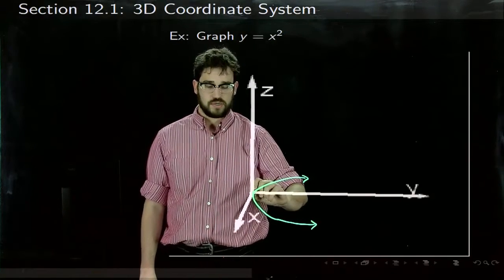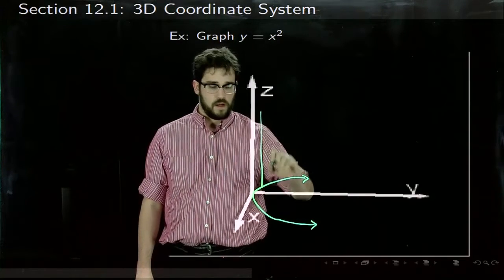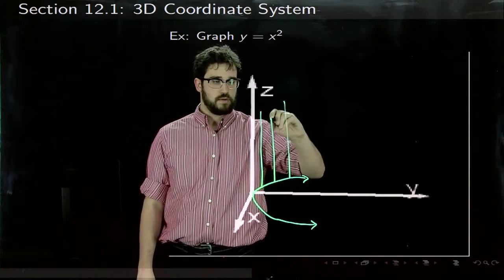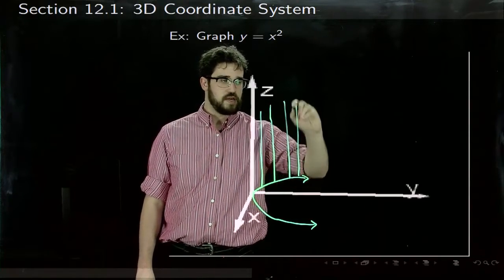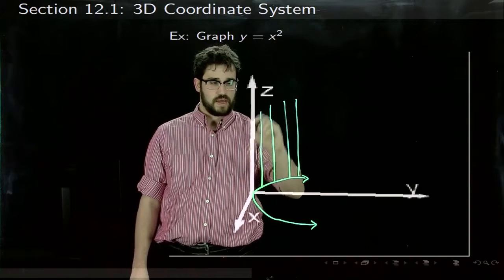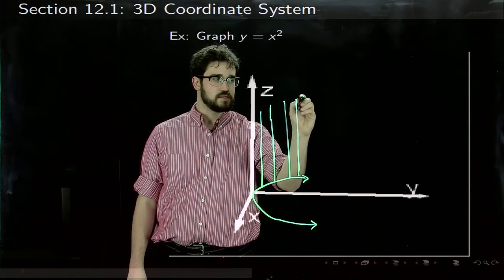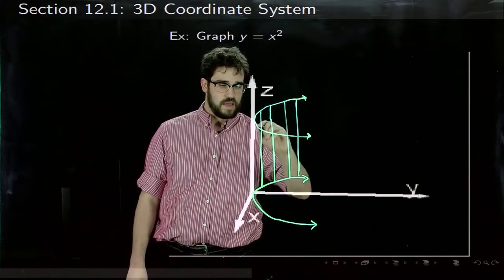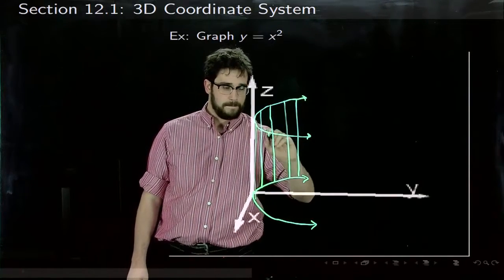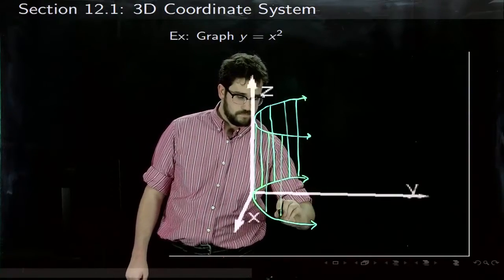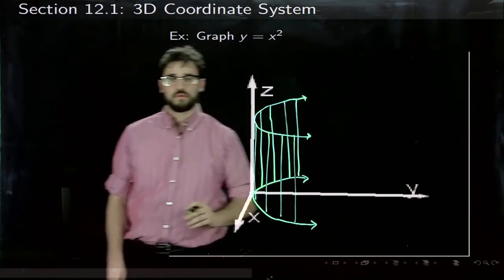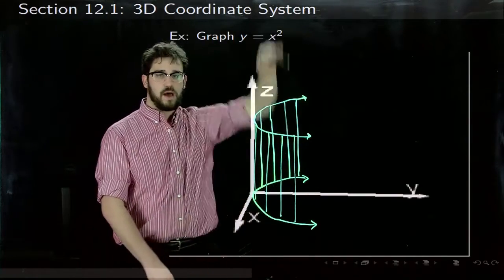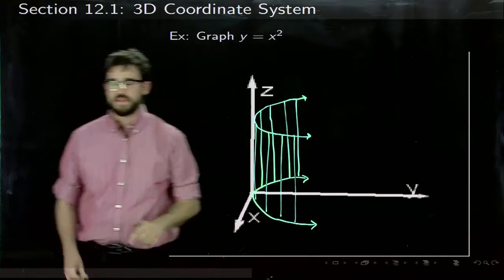So you can just pull it up all the way here, all the way here, all the way here, all the way here, and you just continue, and you can think of it as a parabola, and then you'd also connect to the bottom. And so you have what looks like a parabola, but moving up and down all the way on the z-axis.